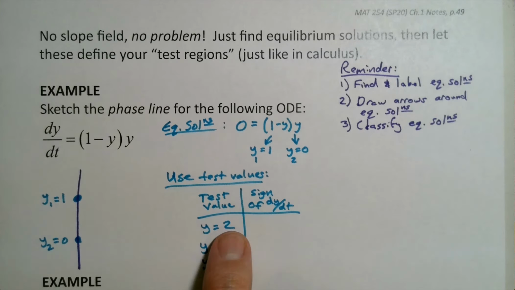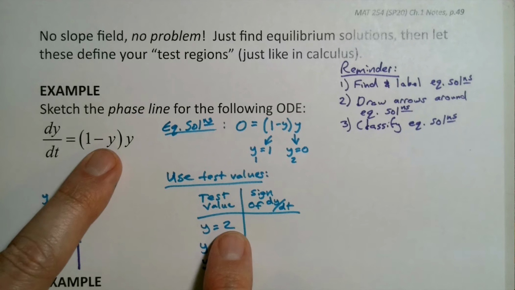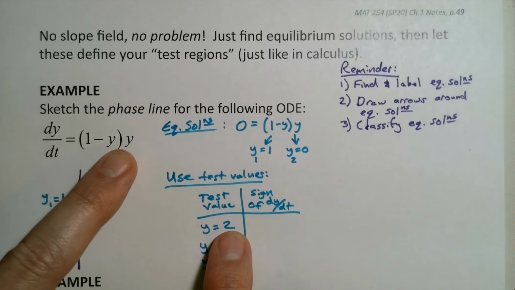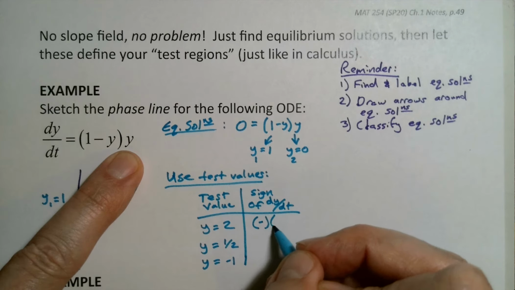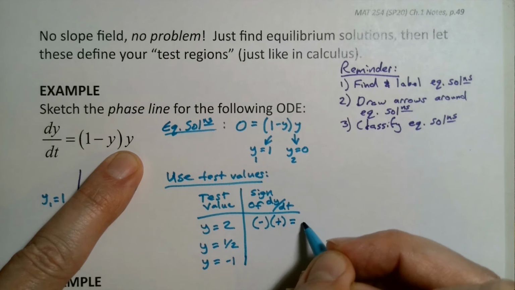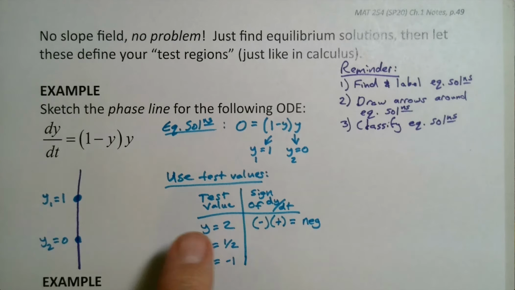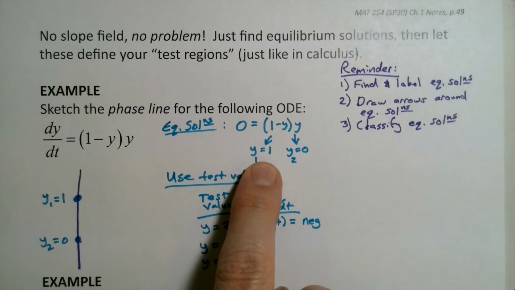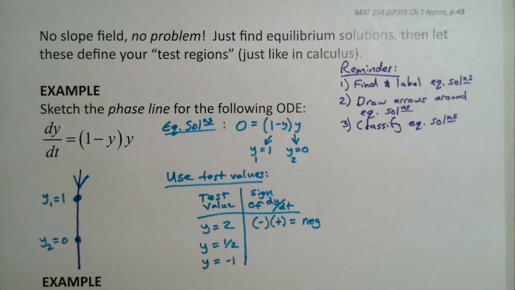And so if I plug in 2 into my differential equation, you can see 1 minus 2 would be a negative times a positive, which turns out to be a negative, which means that in the region above y equals 1, it's going to be a downward arrow because it's a negative slope.